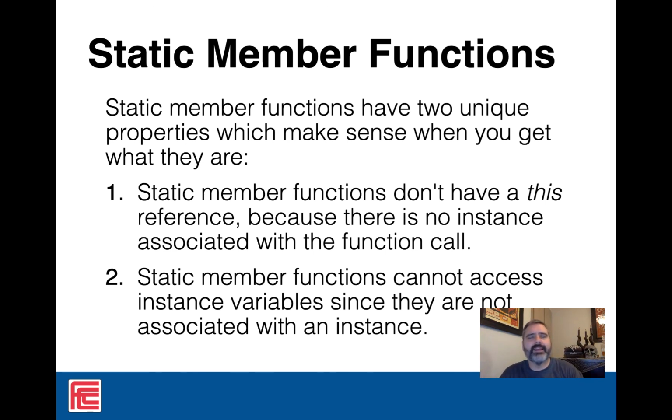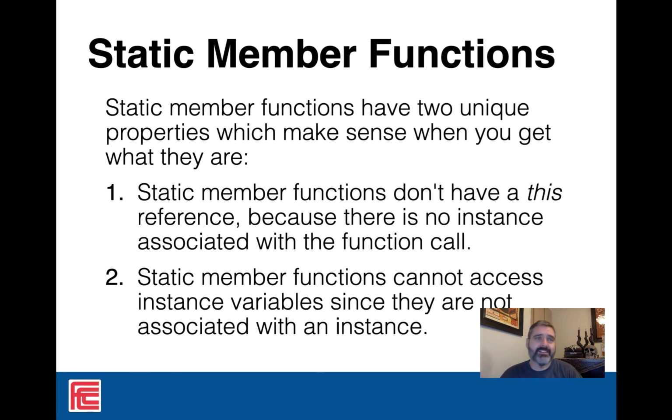Again, in C++, it's a little weird because you can call functions through instances, but you don't have a reference to this because the function itself is static. It's associated with the class, not with an individual. So I don't know which individual student you want me to call this function on, right? You're going to A&R, it should be more generic. So there is no this for static functions.